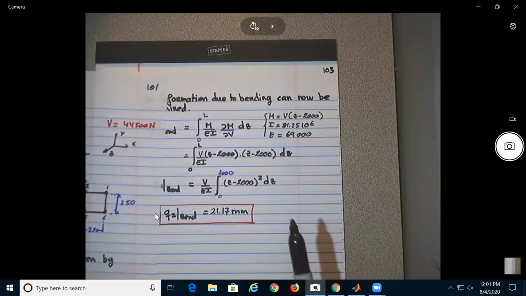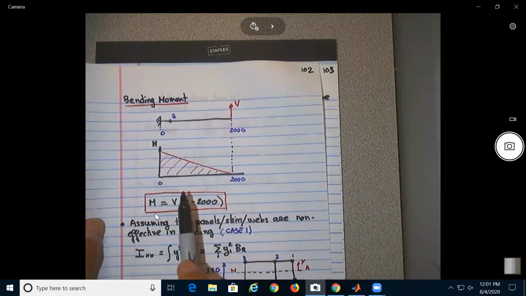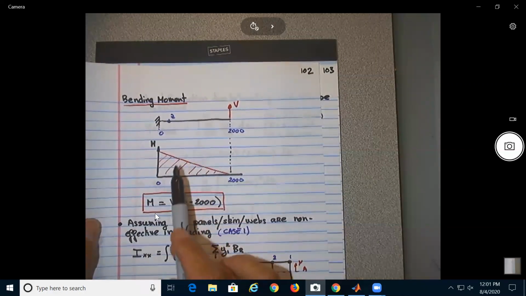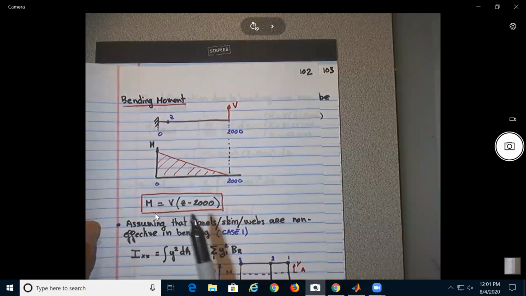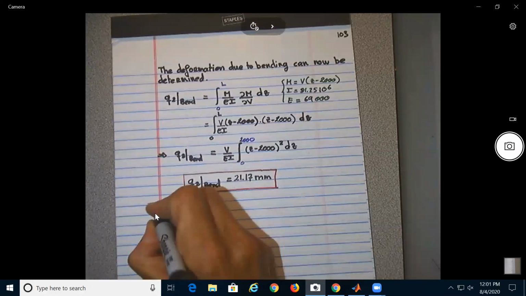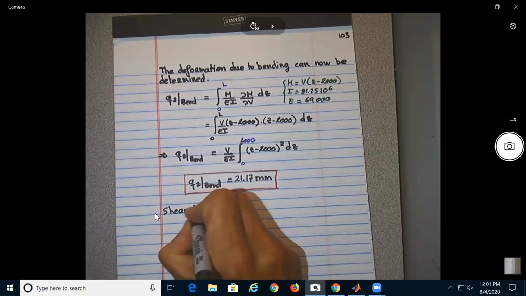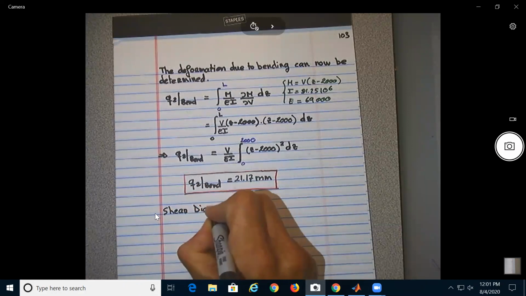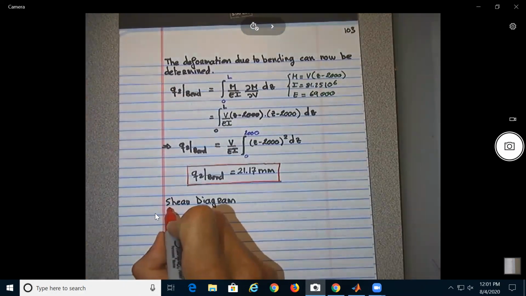Remember, if we had to do the equivalent figure to this one, you can do the shear force and the bending moment, no? So what would be the shear force diagram? So we do, let's say, the shear diagram.